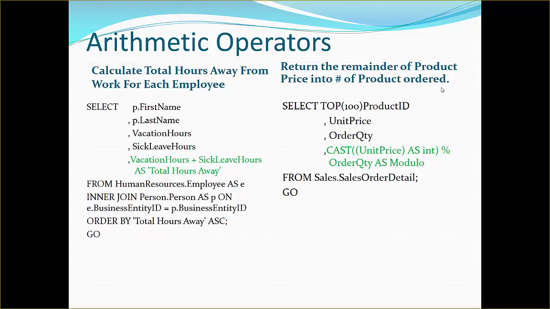All right, so this wants the modulo of the product price divided by the product order. And look at what it does. Again, focus on the operator, right? What it does is it gets the unit price, which is the product price, and it divides it by the order quantity using a modulo.